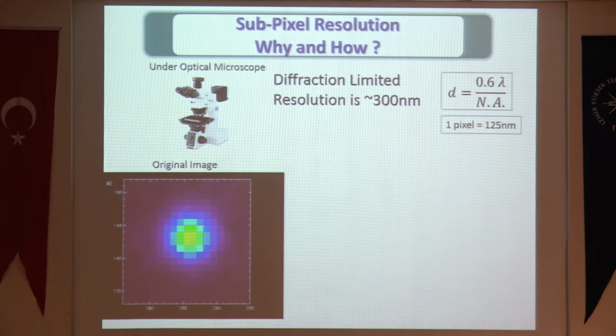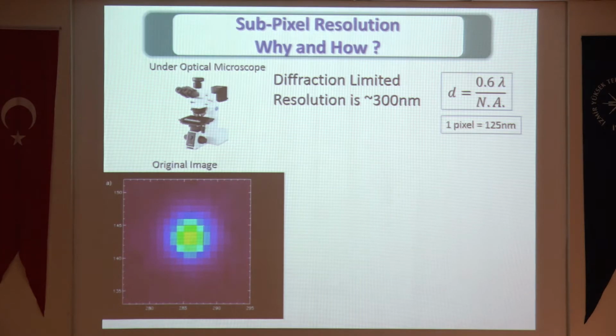The resolution is roughly 200 to 300 nanometers. In our system, one pixel is roughly 125 nanometers, so to say that the particle has moved that much, you have to get down to fractions of a pixel.